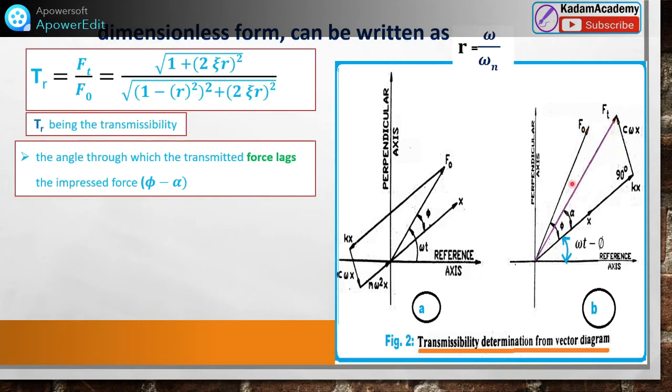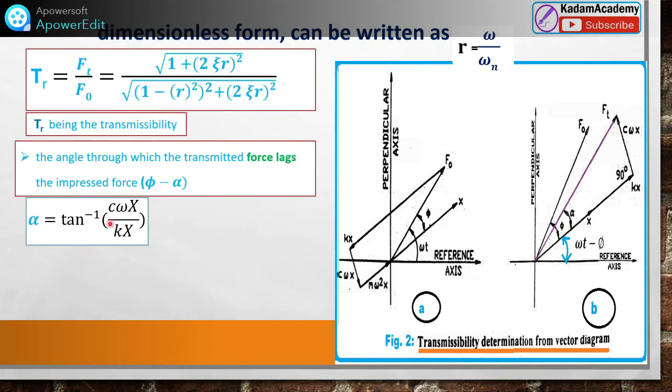How much angle? This angle. Okay. How do we find out this angle? This angle is phi minus alpha. To find out phi, we have already studied it in the previous video for the magnification factor; this phase angle we have already studied. But here alpha we can calculate by using trigonometry.